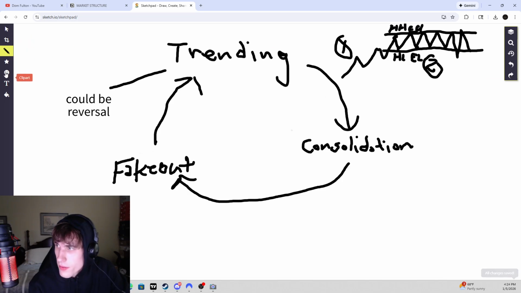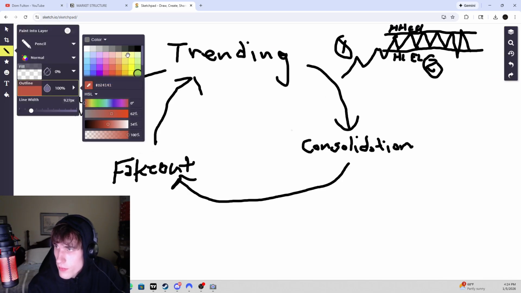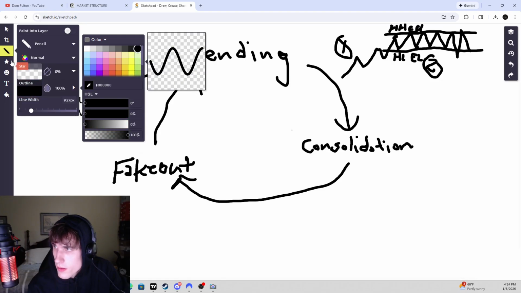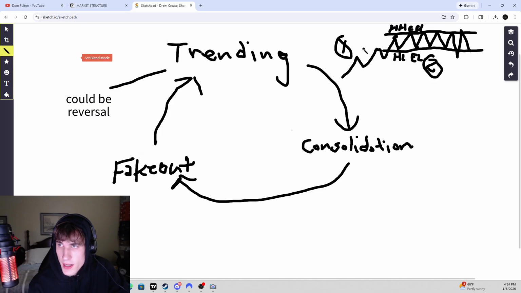Okay, so let's go back. We have step 1, trending. The market was trending right here. Then we got equal highs and equal lows. So what is that? This is ranging, consolidation, aka a range. Then let's say this is the fake out. So this is step 3. This is the fake out.